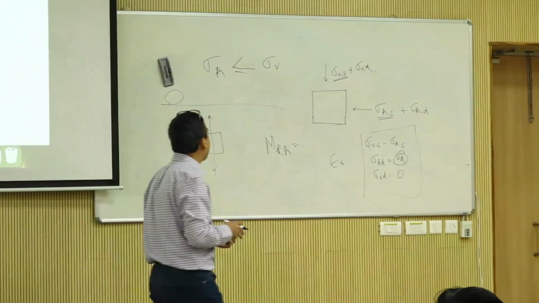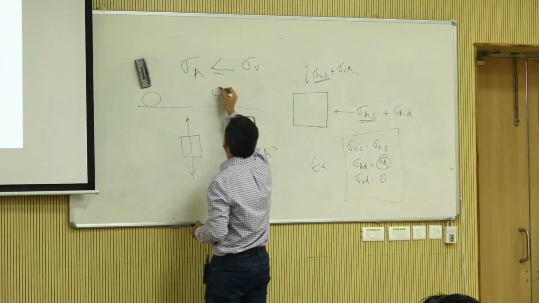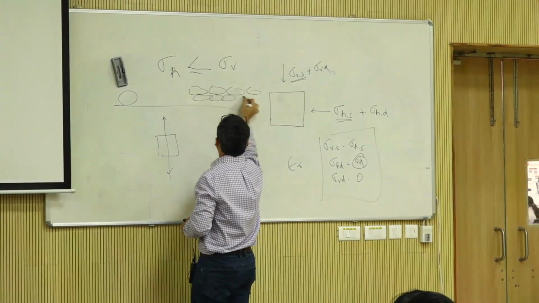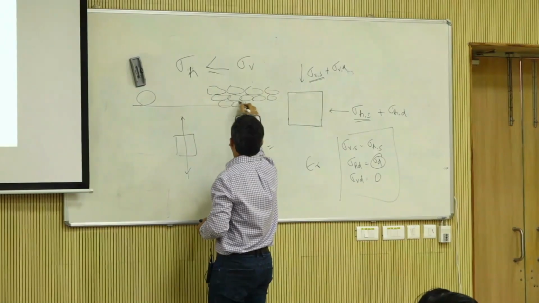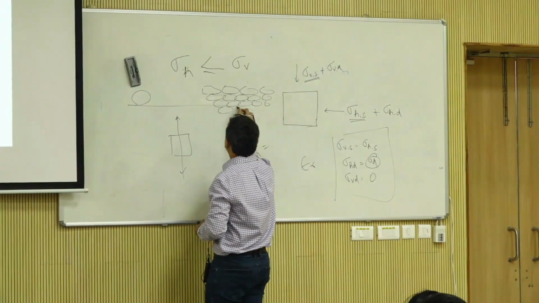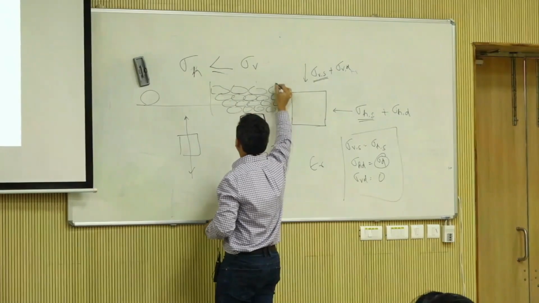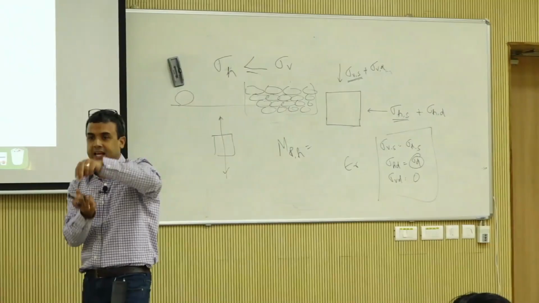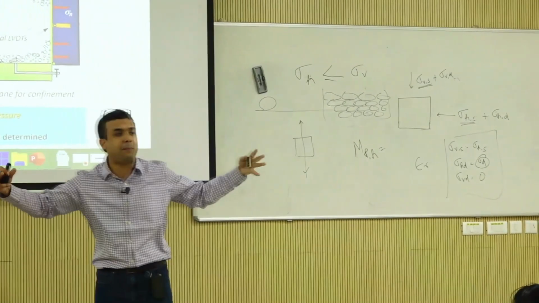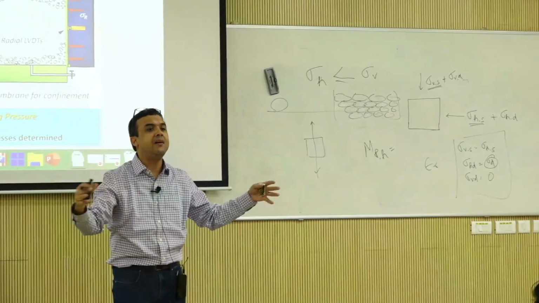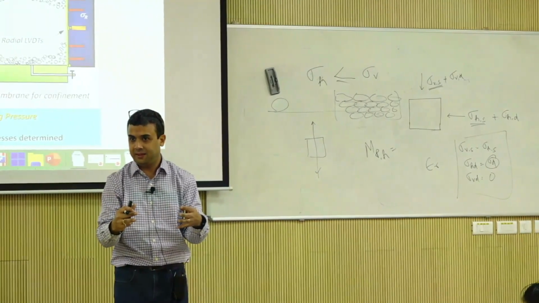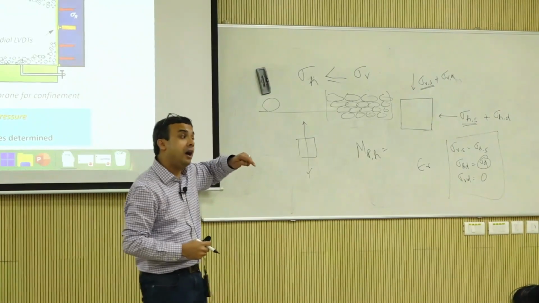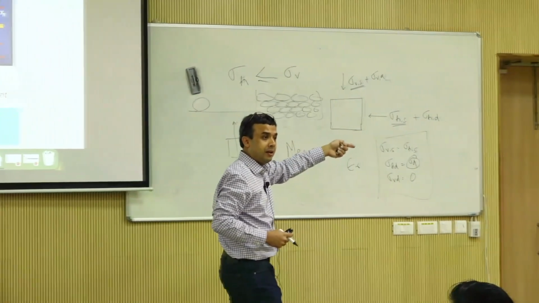No, because when you compact an aggregate, the particles actually arrange something like this. Right? So if you apply this way, they are sitting on each other and they're resisting. If you apply this way, the behavior is different. So it's called anisotropy. But is it 100% anisotropy?